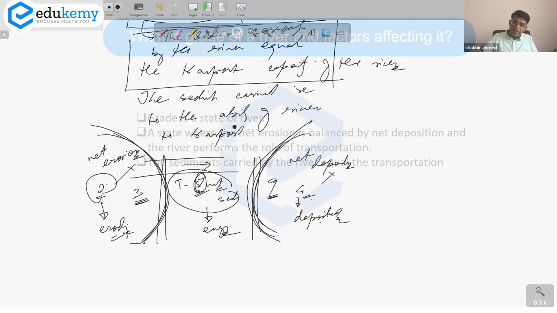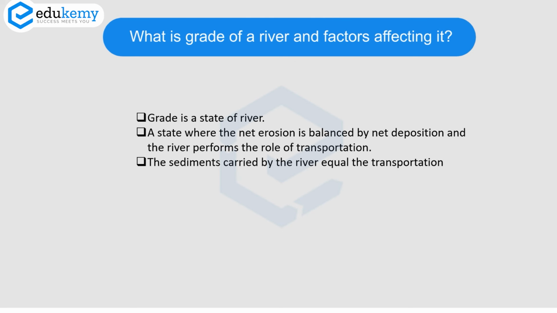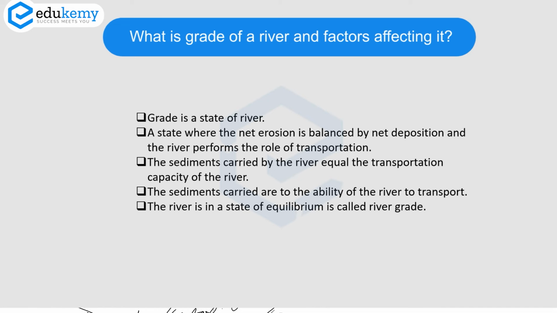So the river is in a state of equilibrium, a state of balance. And this balanced state is called the river grade. The river grade is considered to be hypothetical. Why?